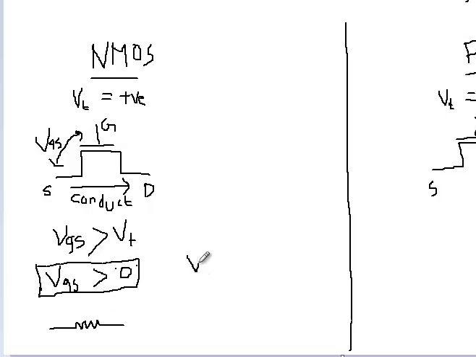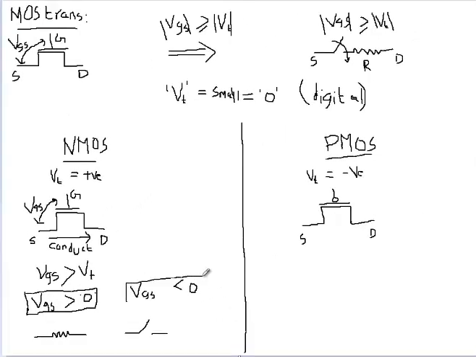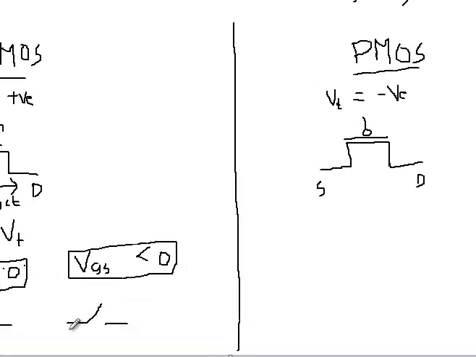And whenever VGS is less than 0, it acts as an open switch. So these are the two conditions for an NMOS to conduct and to not conduct.